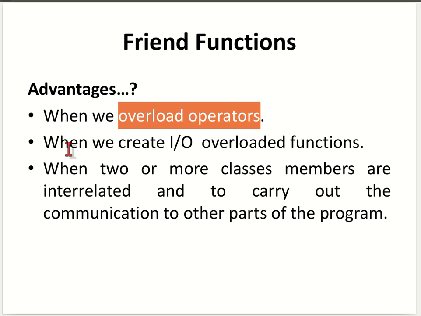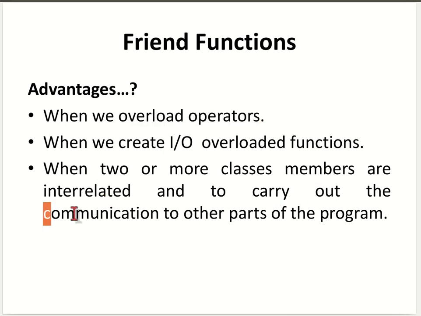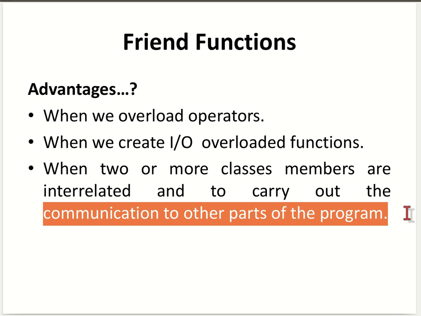Also, when we create input output overloaded functions, or when two or more class members are interrelated and we want to carry out communication to other parts of the program, if we want to interchange data between different objects of the same class, or different objects of different classes, we can use a friend function. If it is a friend to both the classes, the objects of those classes can communicate with each other.